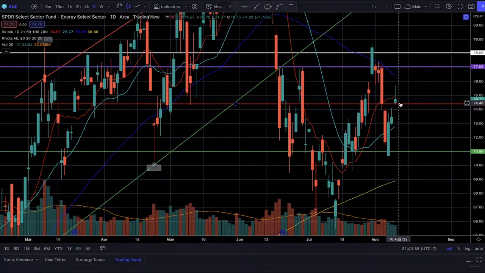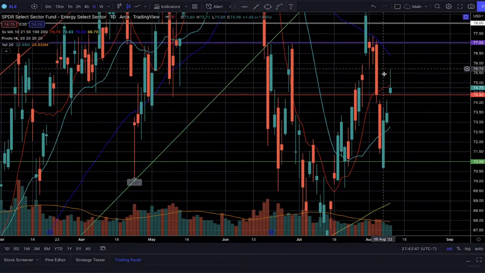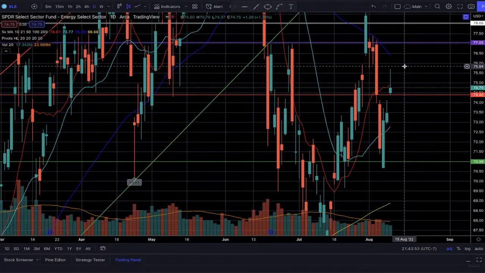And I like the fact that we did close above it, but this is an inverted hammer candlestick. It's an ugly wick at the top, right? This tells you there's evidence here that sellers were present, right? So hopefully we can see another move downward tomorrow on XLE below 74.50, especially if we see an overall market move lower.